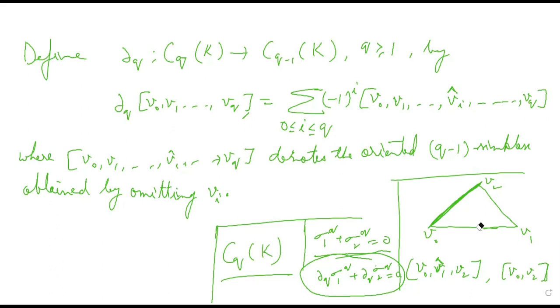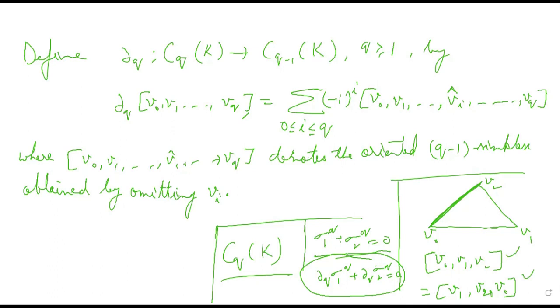For example, if I take v0, v1, v2, and we are considering oriented simplices, we can write this as the same as shifting it to v1, v2, v0. This and this, they will be equal, right?